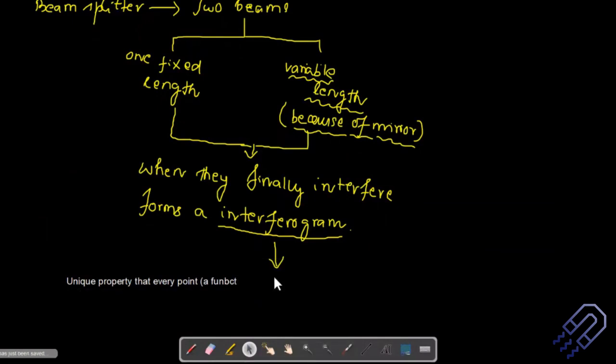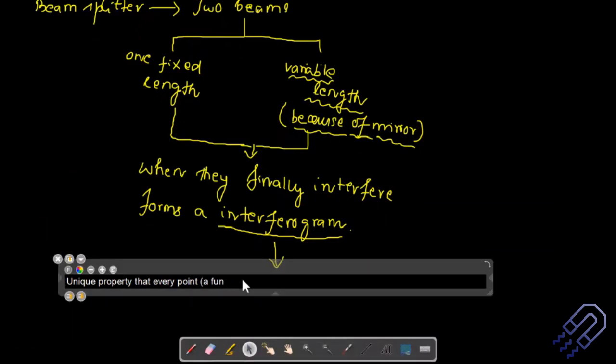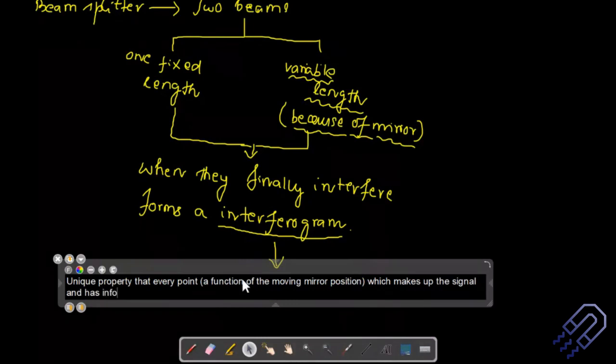It is dependent on the movement of the mirror. So it is a function of the moving mirror position, which makes up the signal and has information about every IR frequency which comes from the source.